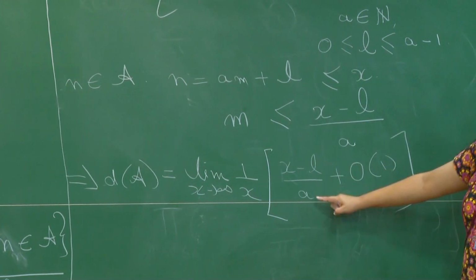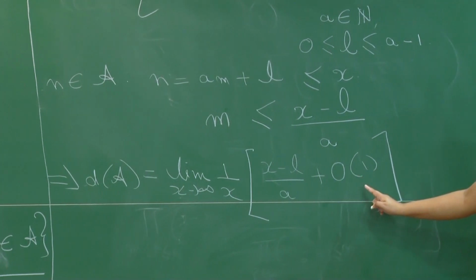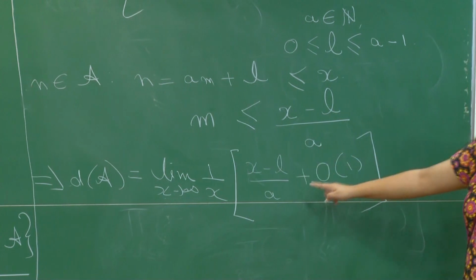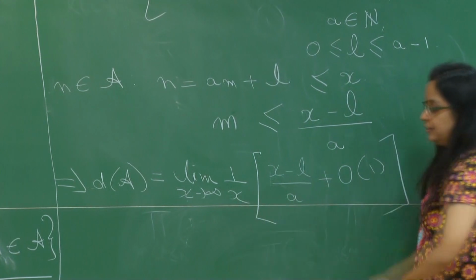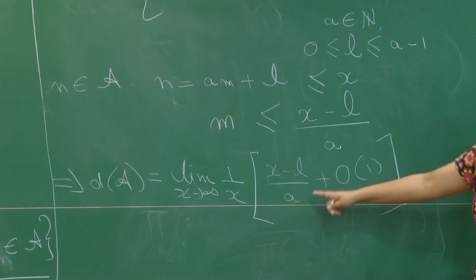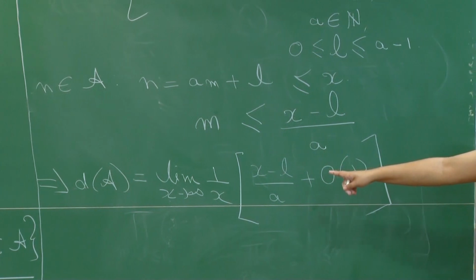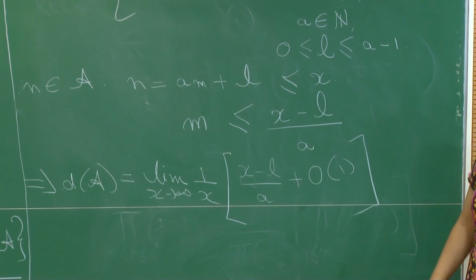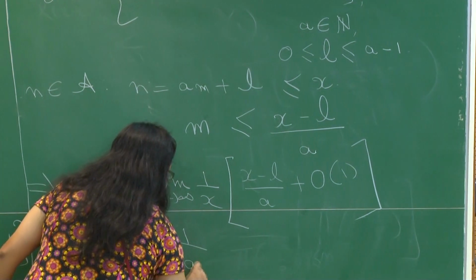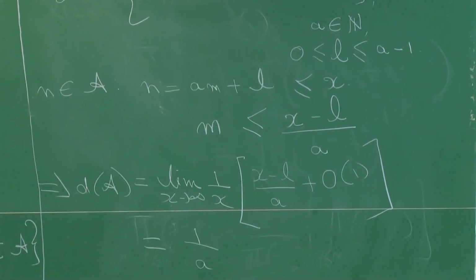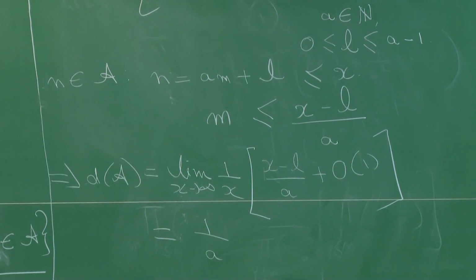Now, notice L and A are fixed numbers, so L by A just gets absorbed in the O term. So, you have x by A plus O of 1, and then you are dividing by x. So, you have 1 by A plus O of 1 by x, and as x goes to infinity, O of 1 by x is just going to 0, and therefore you are just left with 1 by A, which is what you wanted your probability law to satisfy. There was no such probability law.